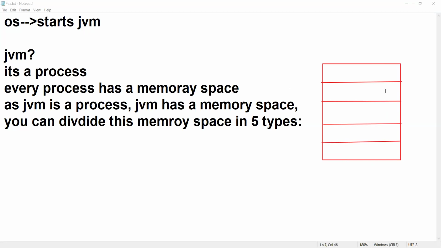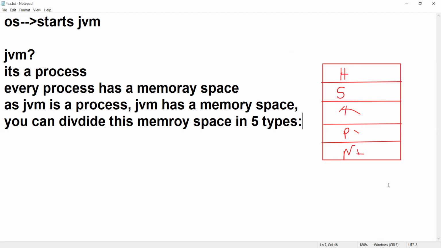Let me write here. This is your heap memory, H for heap. This is stack memory, and the method area as static memory. And this is the PC register and native stack. Let me type this point.